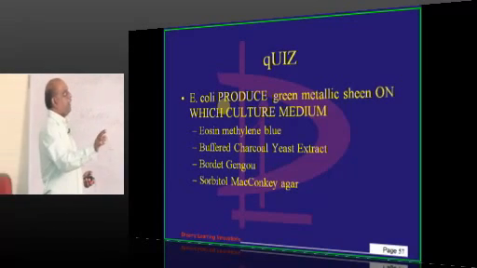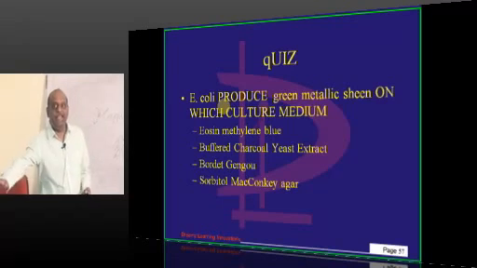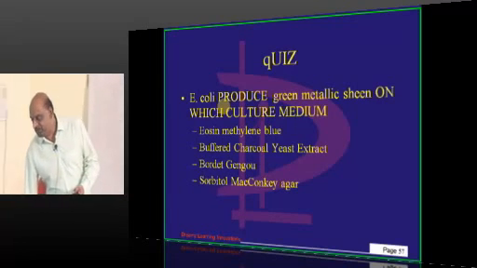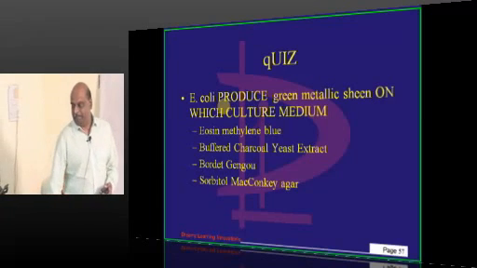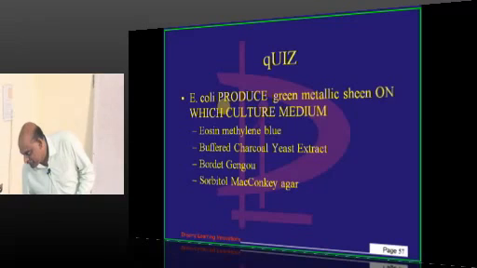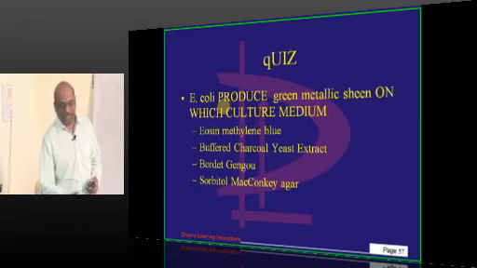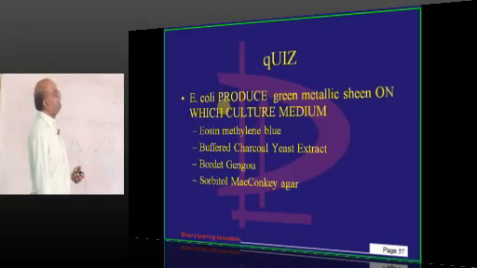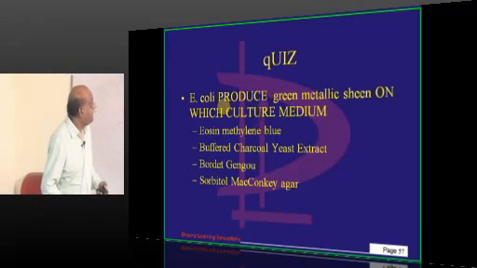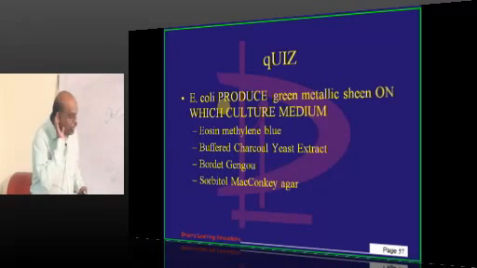Now one quiz question. E. coli produces green metallic sheen on which culture medium? Shoot me an answer, doctor. Raj, Nagesh, Shweta, Kiran, should punch an answer. Yeah. Bordet-Gengou?